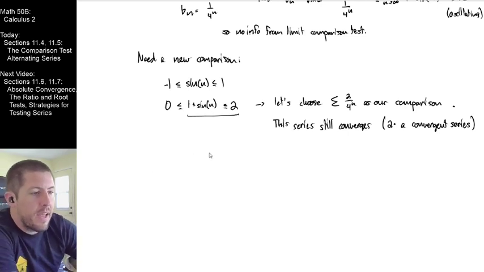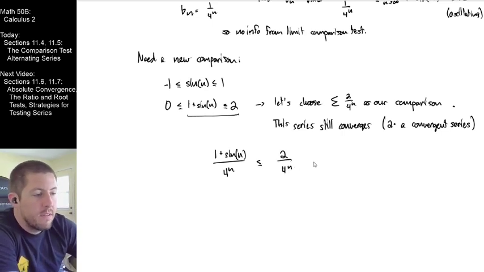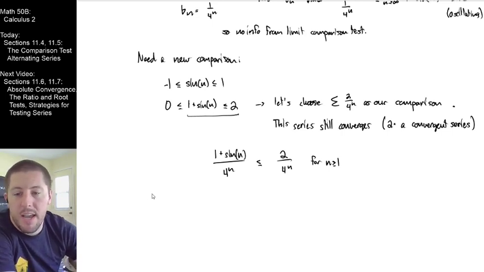So now I think I can make the statement that 1 plus sine of n over 4 to the n is definitely less than or equal to 2 over 4 to the n. This is true for all n greater than or equal to 1, all the n's that we're actually going to consider. And so it looks like we actually just needed to make a smarter comparison.